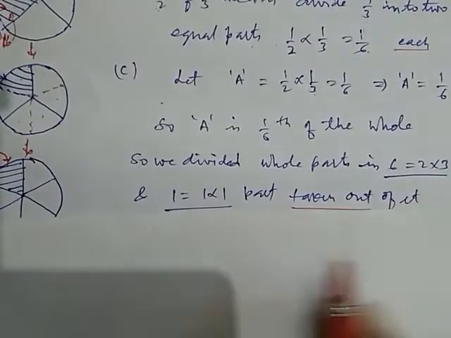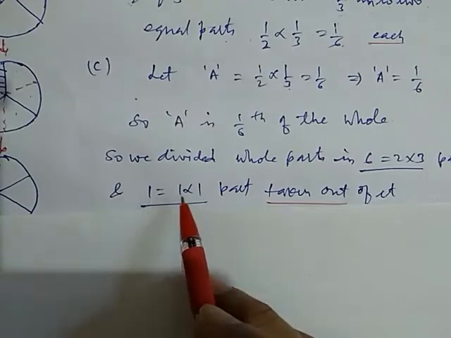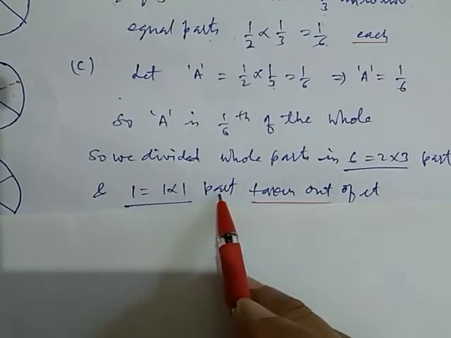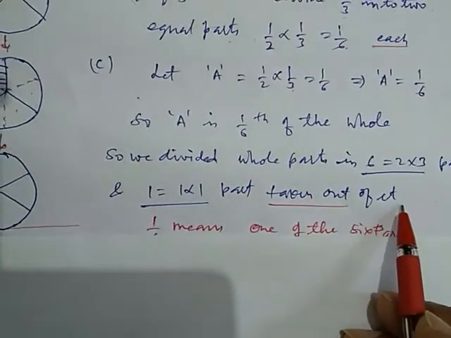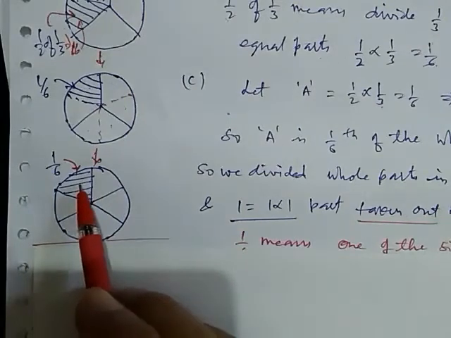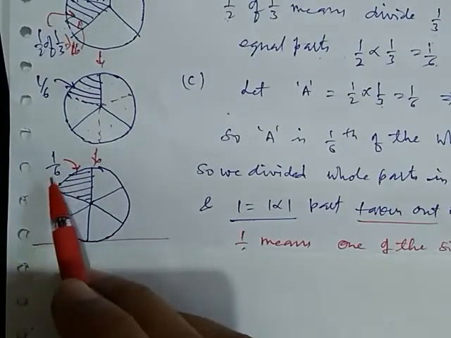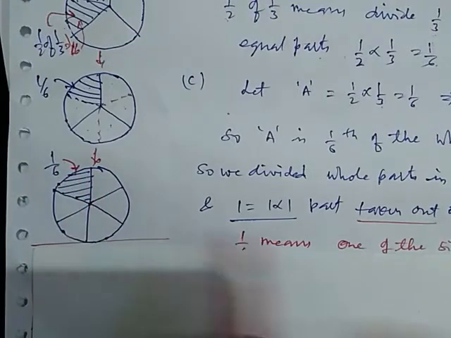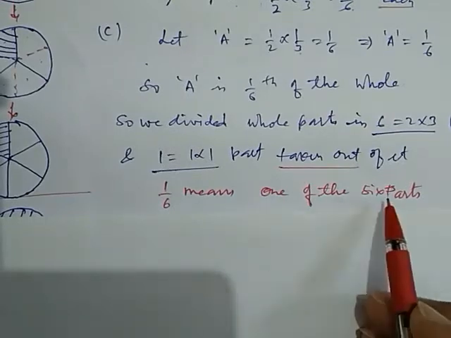And how much do we consider? 1, because 1 into 1 means 1. So we have 6 parts and we take one part out of it, and that one part is 1/6 of the whole. So it is clear, 1/6 means 1 of the 6 parts.